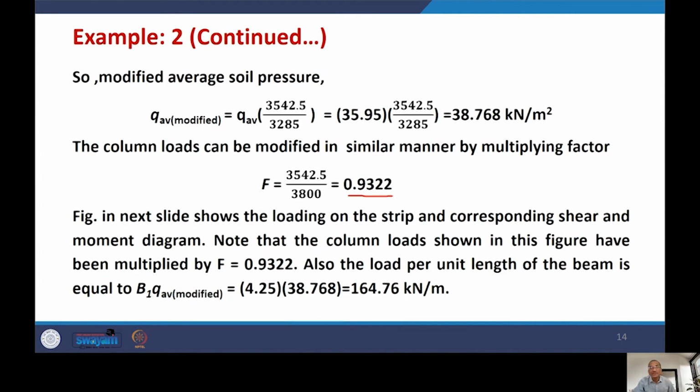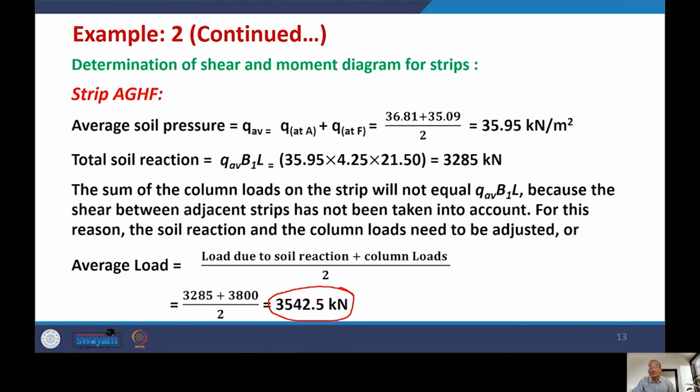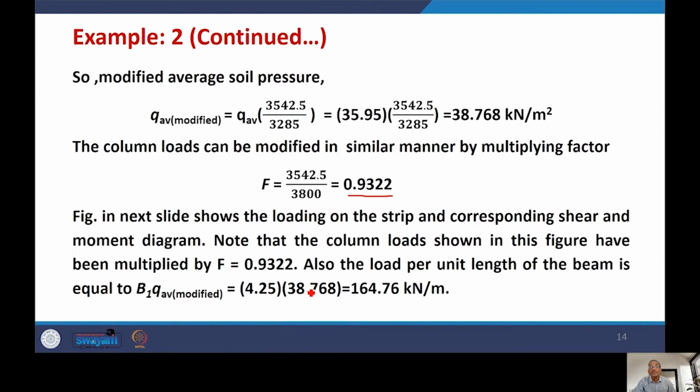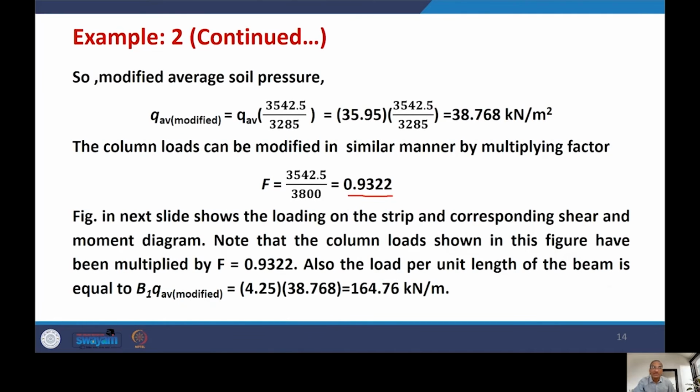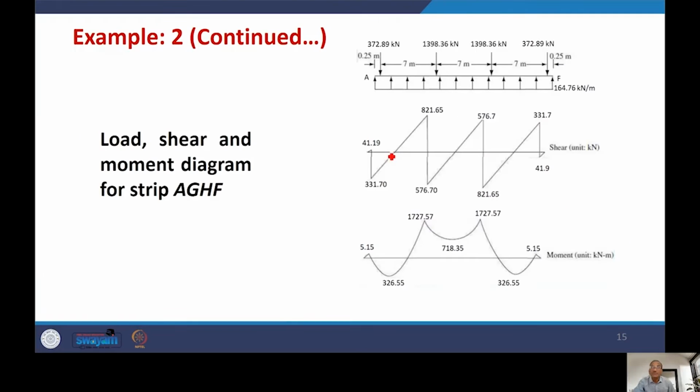With this data collected, you plot the shear force diagram and bending moment diagram. Before you plot them, here is the data. The load per unit length of the beam applied from below is 164.76, so the UDL is acting from below. Why are these loads coming?